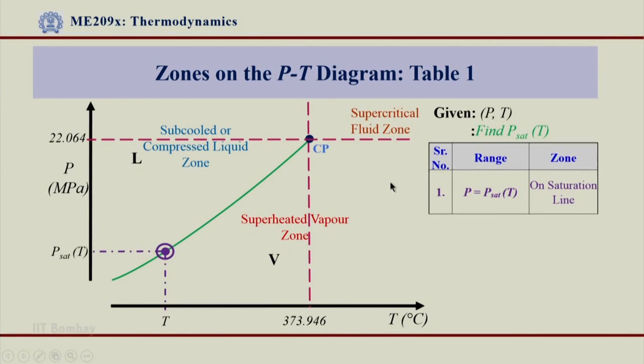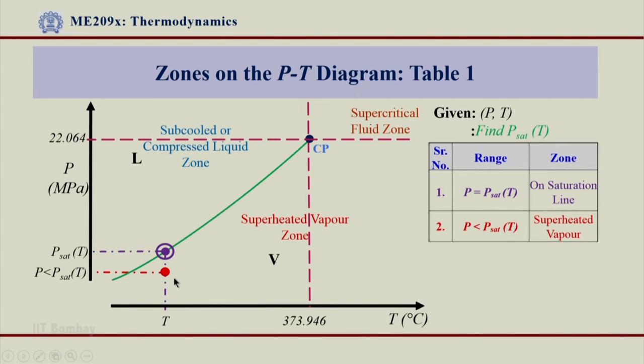The next case is if I find that P is less than Psat(T). So, the given P is less than Psat(T), and this is Psat(T). If such a thing exists, this state lies in the superheated vapor zone. Correspondingly, we can say that the serial number 2 case is the superheated vapor zone.